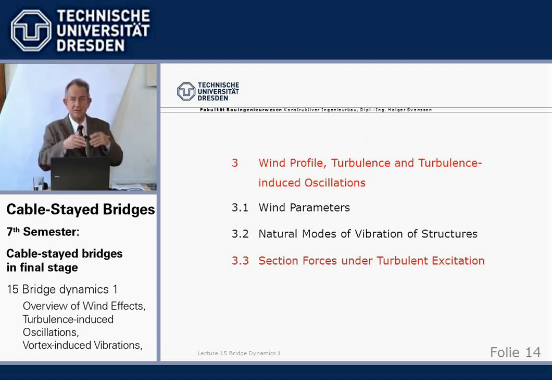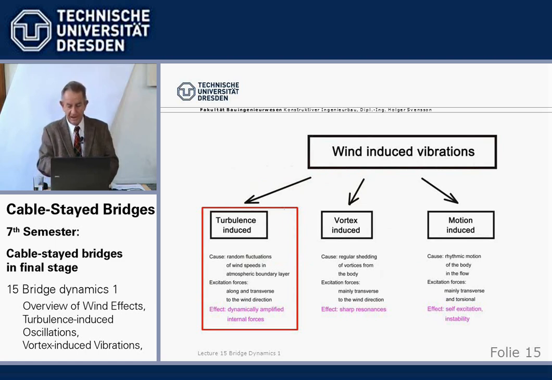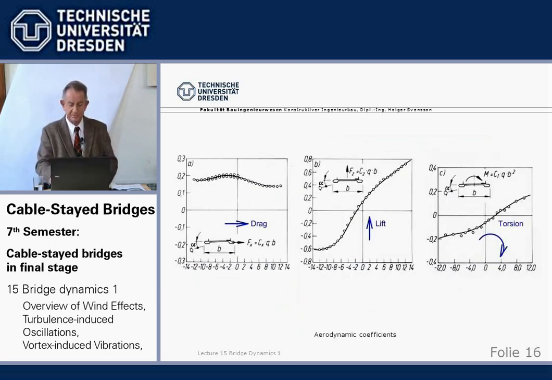And by that, more randomly, moves the beam, and by moving the beam, of course, strains and stresses are originated, which, like any live load, we must calculate and ascertain, assure that these do not go beyond the permitted limits. As I said, turbulence induced, just the wind gusts blowing and moving the bridge randomly.